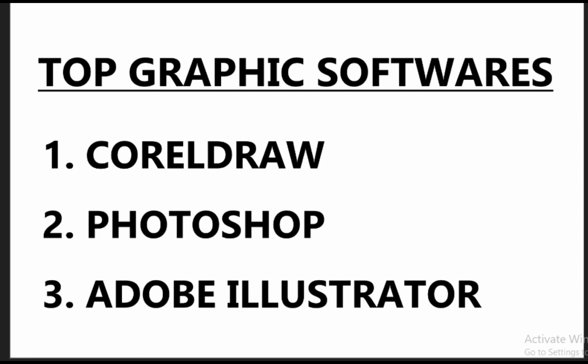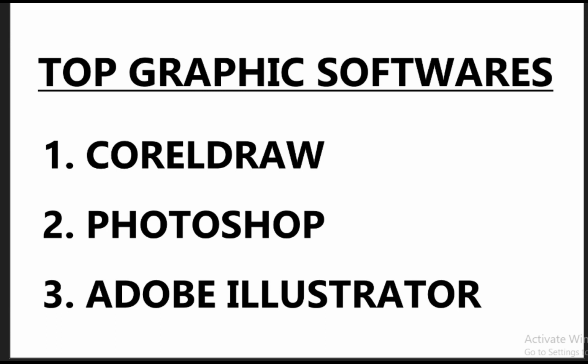The first top software among everything is Coreldraw, followed by Photoshop. Photoshop is meant for photo editing. Its primary focus and primary aim is for photo editing, but it can also be used for motion graphics by UI UX designers.